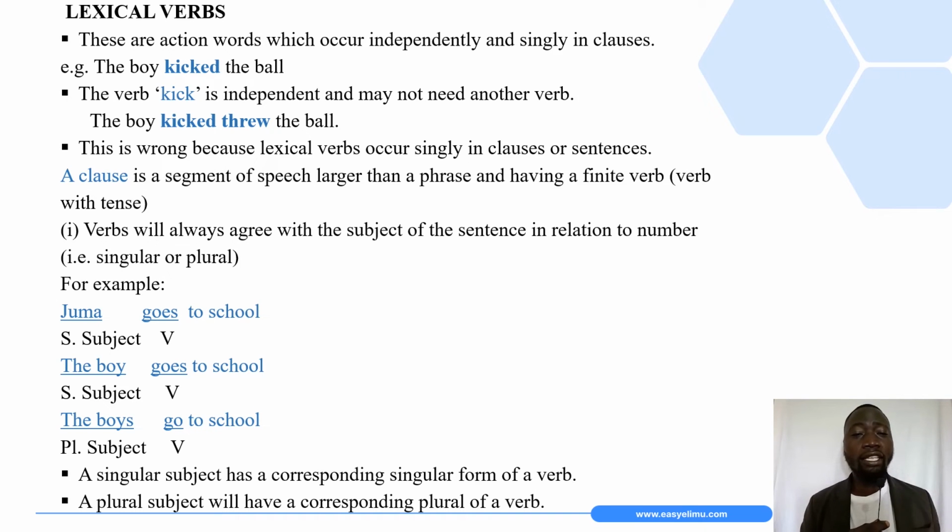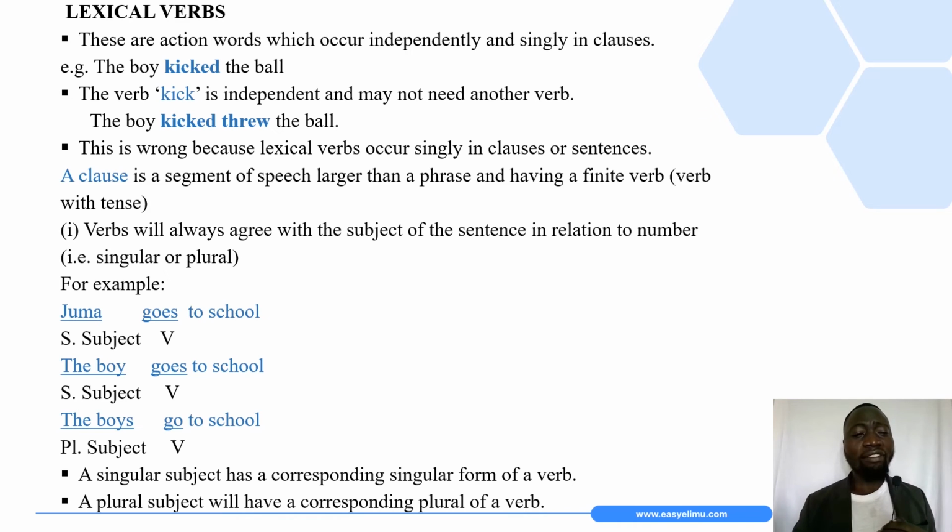Therefore, they only occur independently and singly in clauses. So just as a reminder, a clause is a segment of speech that is larger than a phrase and having a finite verb, or that is a verb with the tense.